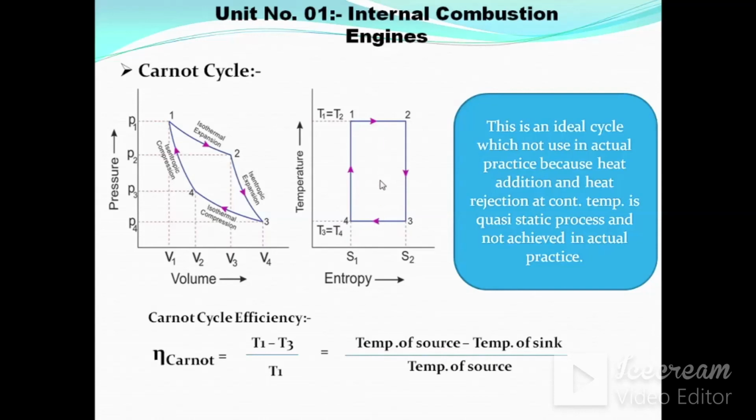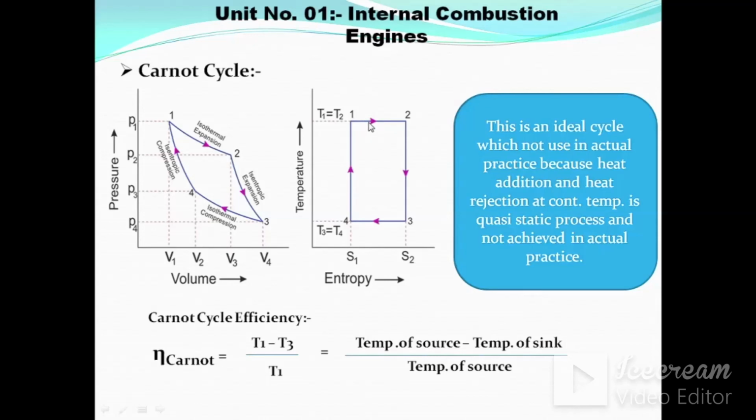So heat addition and heat rejection both occur at constant temperature. This is an idealized process, which does not actually happen in practice, so it cannot be used in practice.